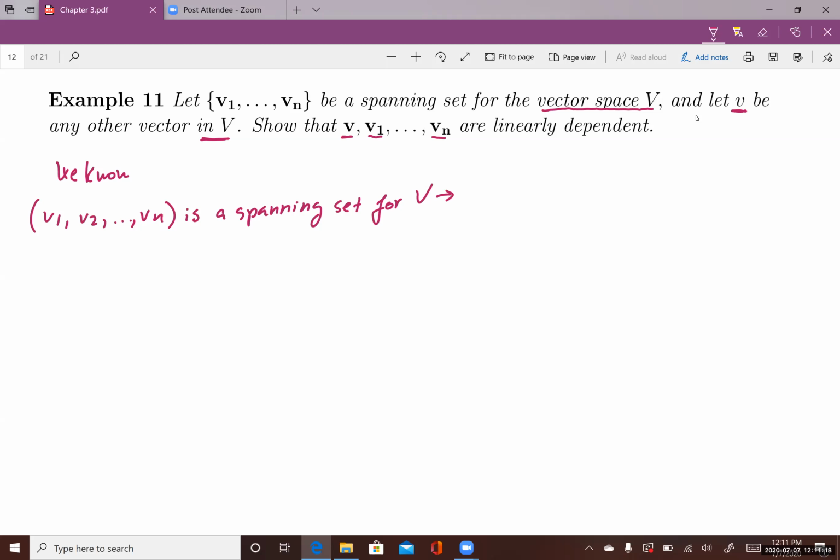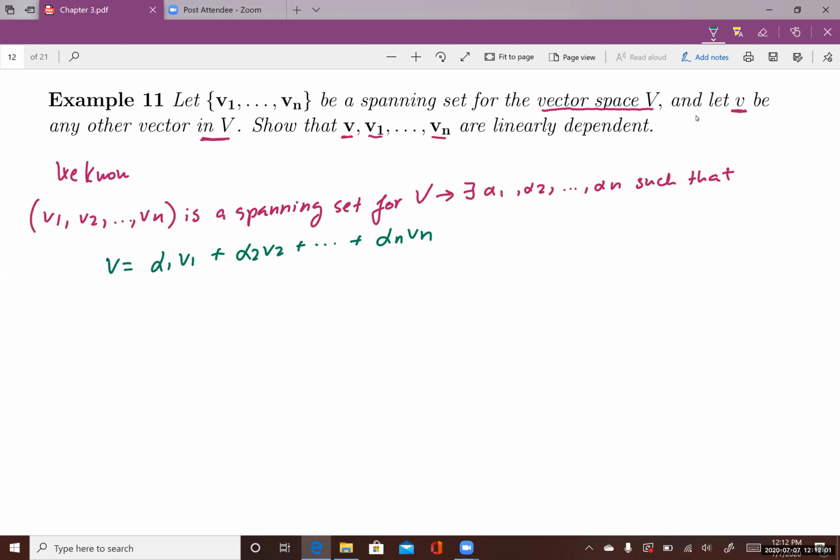That means there exists a set of scalars alpha 1, alpha 2 to alpha n such that if we pick a vector v in V, then v equals alpha 1 v1 plus alpha 2 v2 plus alpha n vn.